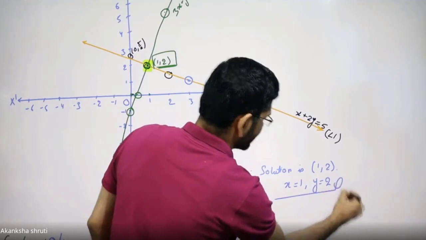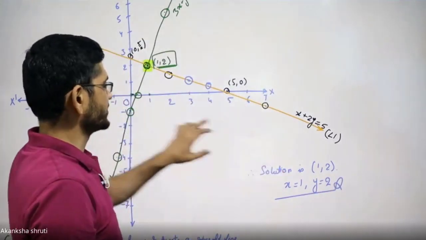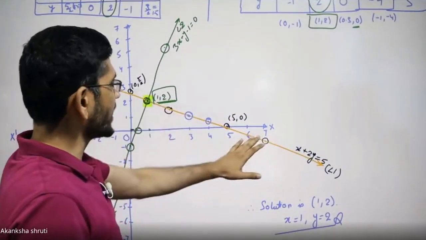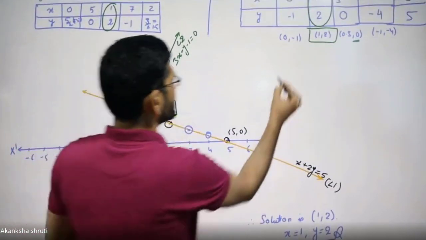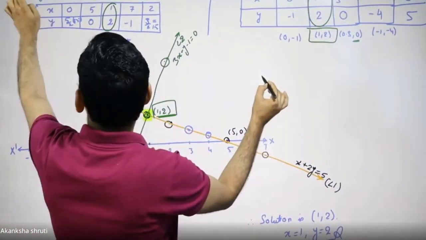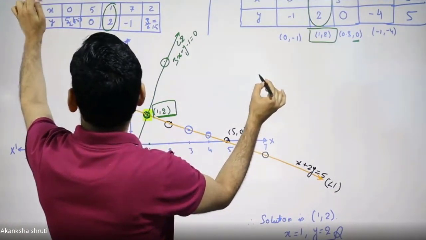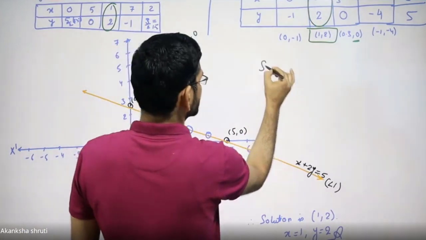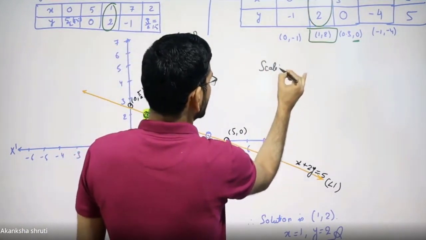This is the answer. So you have to write this one. This way we have determined the solution. But do not forget to write the scale. That is very important. At the top of your graph, you have to write the scale also.